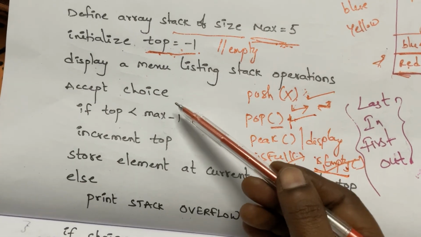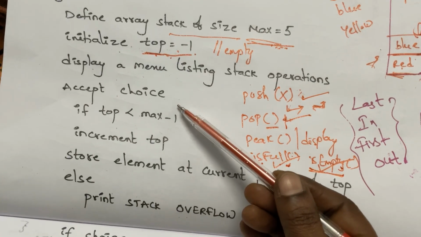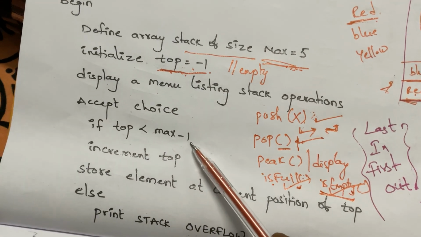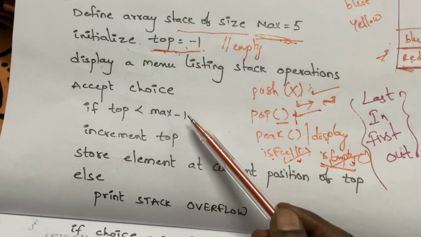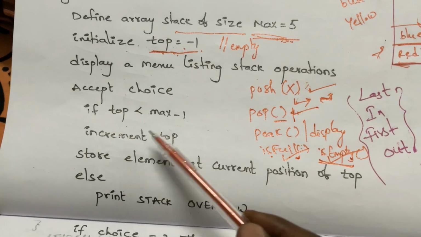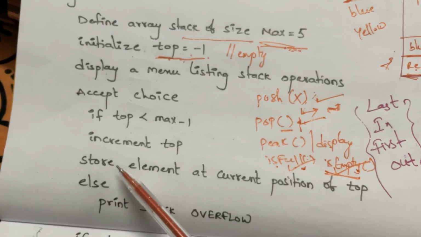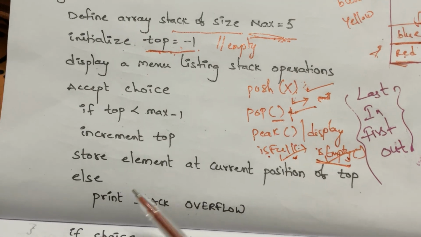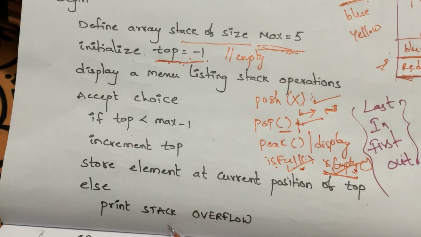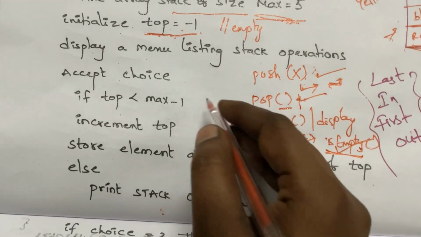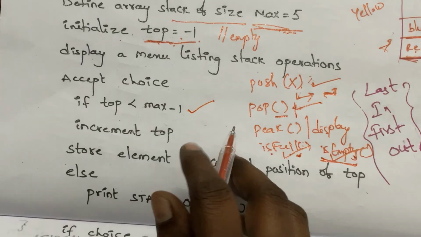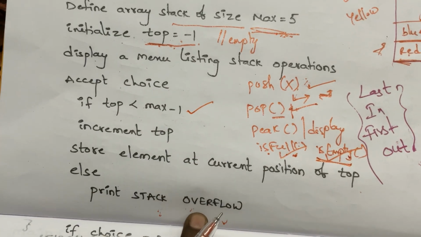If I choose the first choice, then if top is less than max - 1, that means you can put an element inside. So increment top and store the element at the current position of top. Else, printf stack overflow. So this is the condition: when top is equal to max - 1, you get stack overflow.